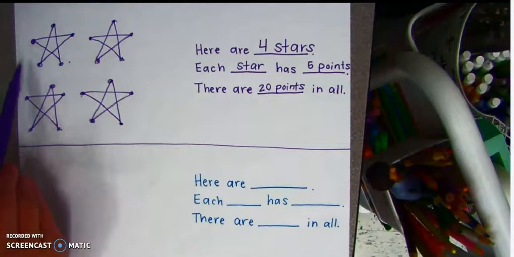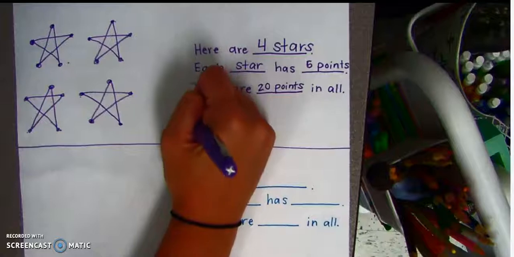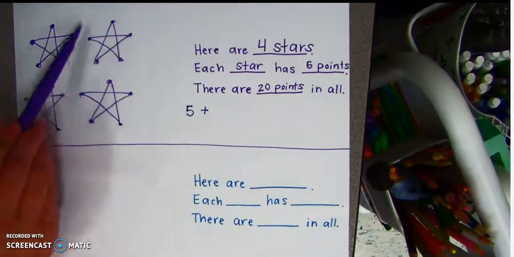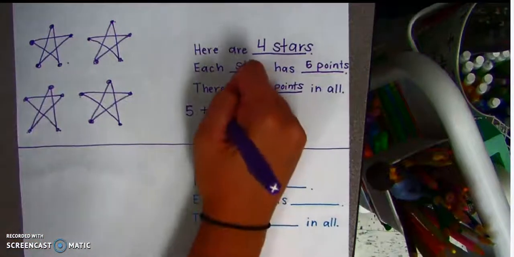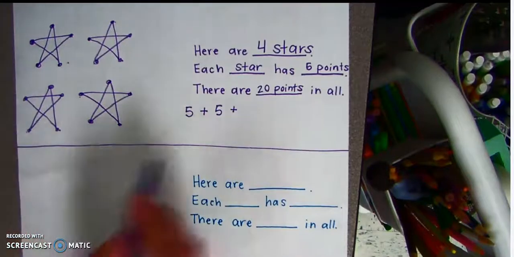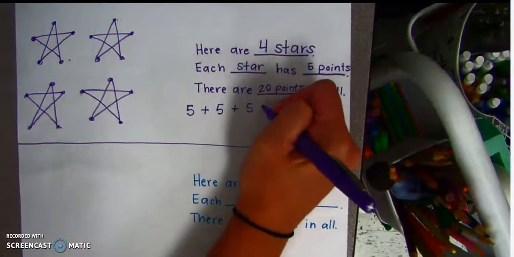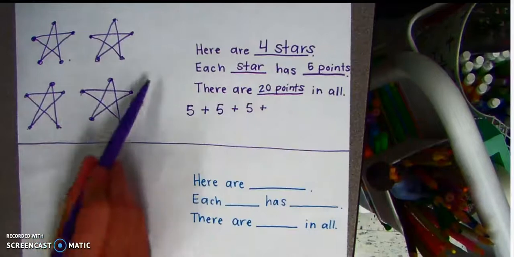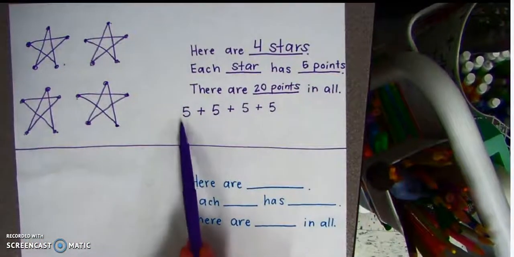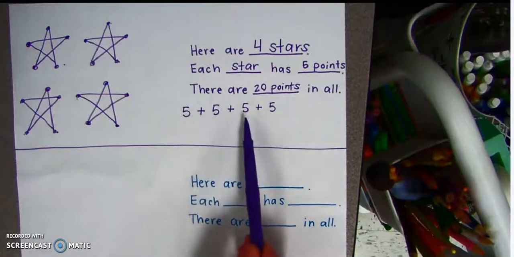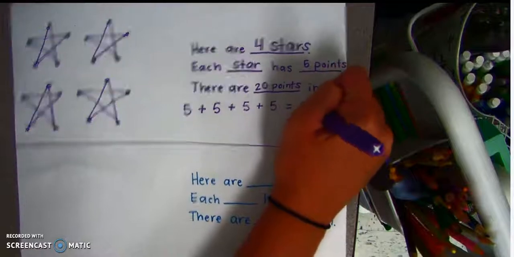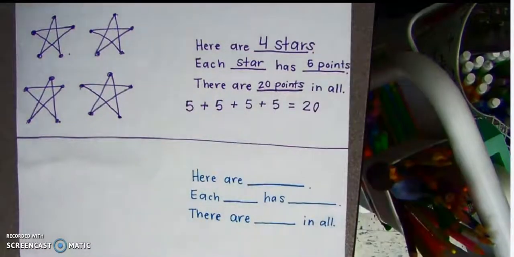This star has 5 points, plus this star also has 5 points, plus this star has 5 points, plus this star, which also has 5 points. So that's the same as saying 5 plus 5 plus 5 plus 5, and that equals 20, just like we got before.